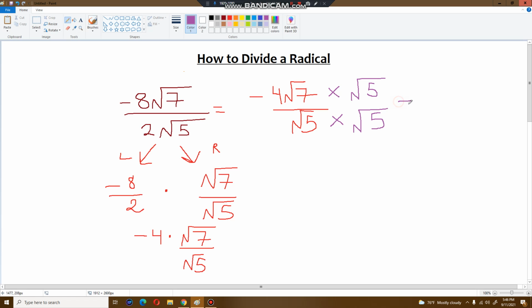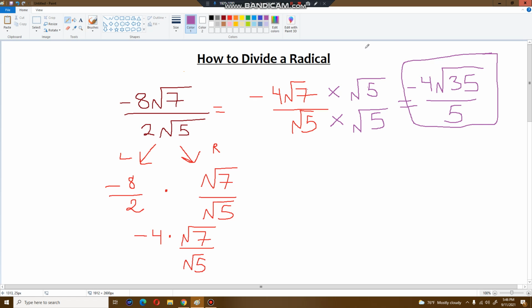And now using my multiplication rules, I know square root of 5 multiplied by square root of 5 is just 5. And on the top, minus 4 stays the same, and we have the square root of 7 multiplied by 5, which is 35. And there we go, kids. Final answer, minus 4 radical 35 over 5. And this is how you divide a radical.